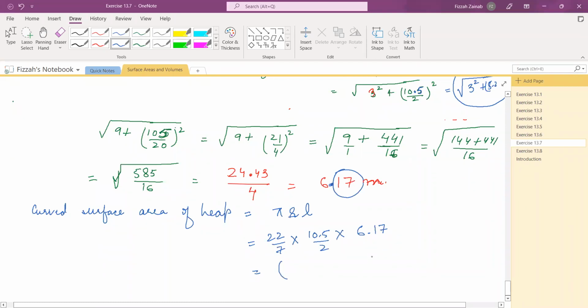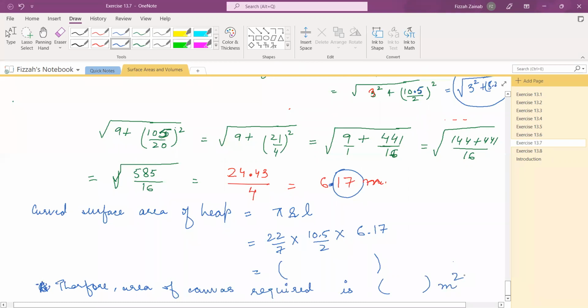So can I leave the calculation for you? You can just complete the calculation yourself, and in the last step you will write: therefore, area of canvas required is whatever you find out, meter square.